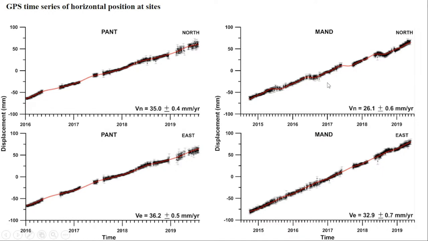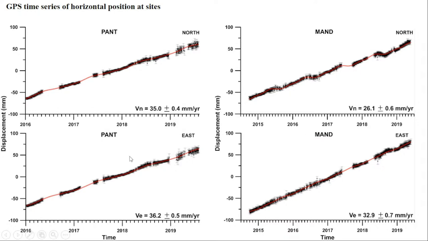We expect this non-tectonic component, meaning seasonal hydrological loading impact, to be greater on stations placed in the higher Himalaya. Here you can see it is not placed in the higher Himalaya, it is in the Indo-Gangetic plain. So this seasonal, non-tectonic contribution is less compared to your Chamoli station.